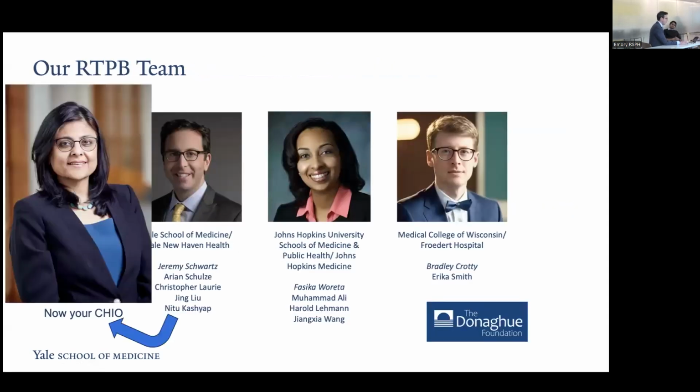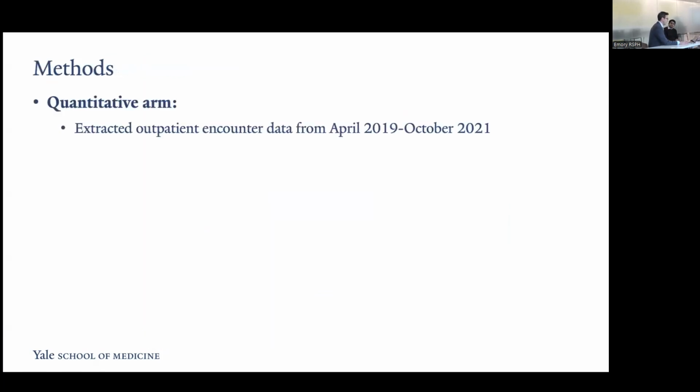So we've done some work with colleagues in Wisconsin and Hopkins and at Yale, trying to understand what's going on with utilization of these tools. At Yale, we led the qualitative component, really trying to understand barriers and facilitators to using these tools.